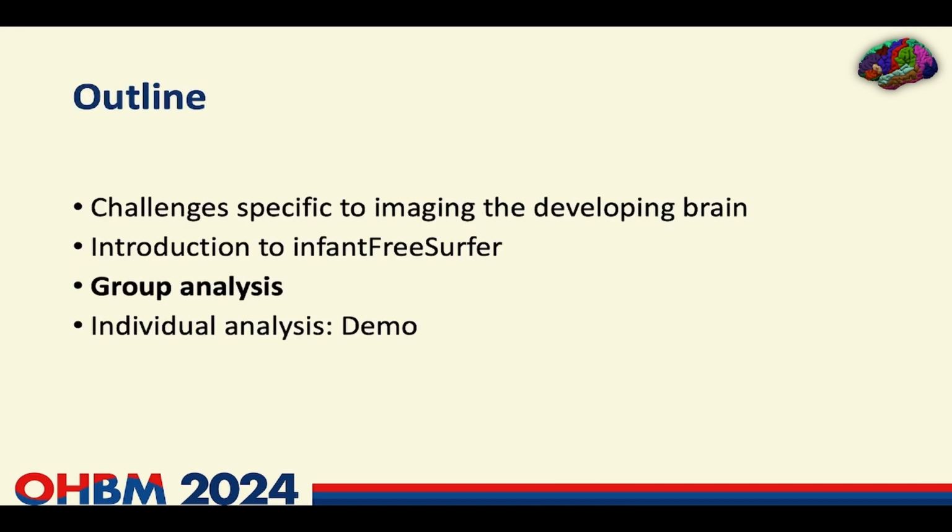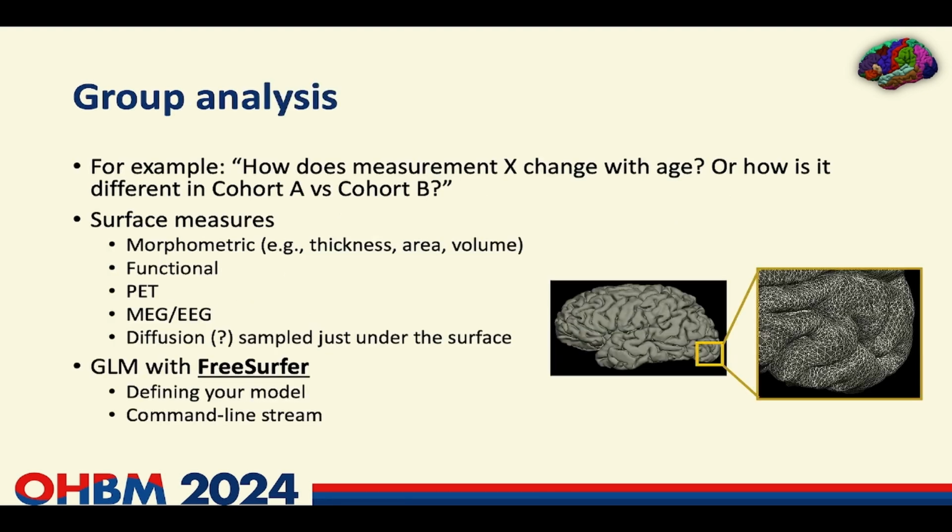Now I'm going to give you a very quick summary of how you can do group analysis when you have used the pipeline in order to generate the surfaces that I mentioned. The whole framework is going to rely on some of the functionalities that are part of FreeSurfer.